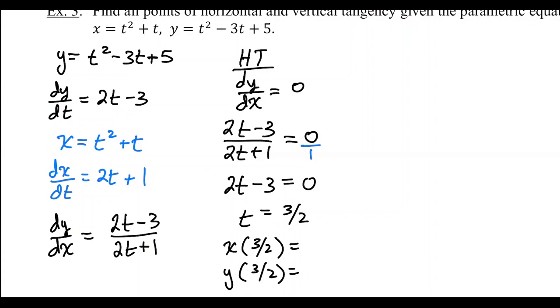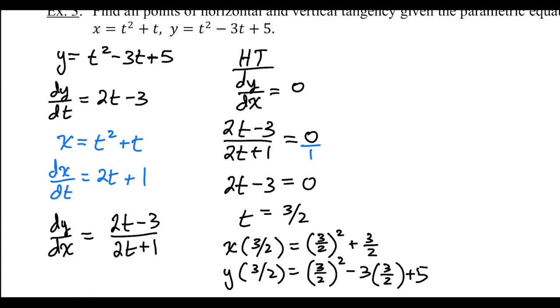So in the x function, t squared plus t, that's going to be 3/2 squared plus 3/2. And for the y, a little messier, it's going to be 3/2 squared minus 3 times 3/2 plus 5. So we're looking at 9/4 plus 3/2, which is the same as 6/4, so 15/4.